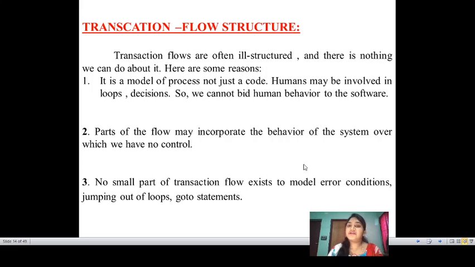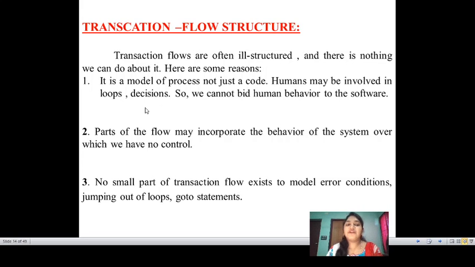Structure means it is not a control flow graph. There are some reasons for it to be ill-structured. Transaction flow is not a super-structured way. It is not a 100% graphical representation, because it is a model of a process, not just code.